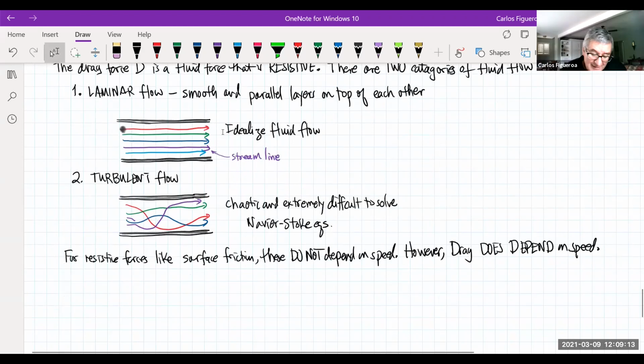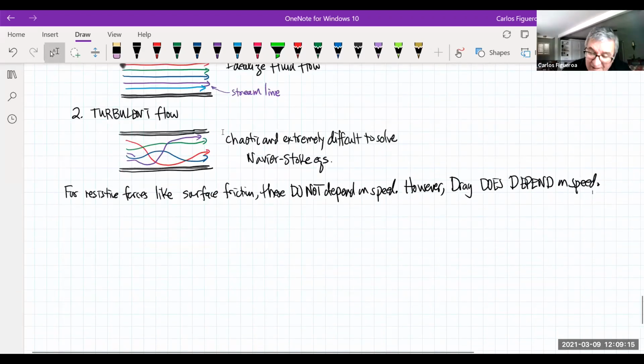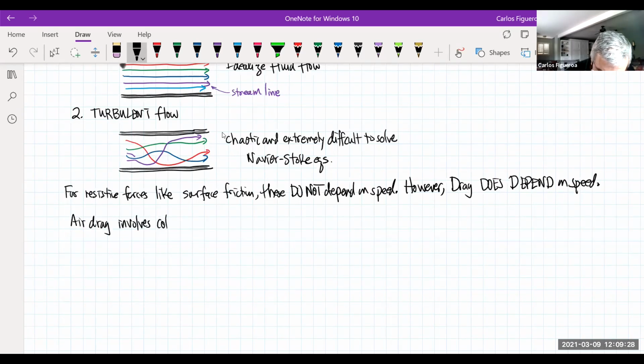The reason why that makes sense, let's think about air drag, for example. If you think about air drag, it involves collisions with air molecules.